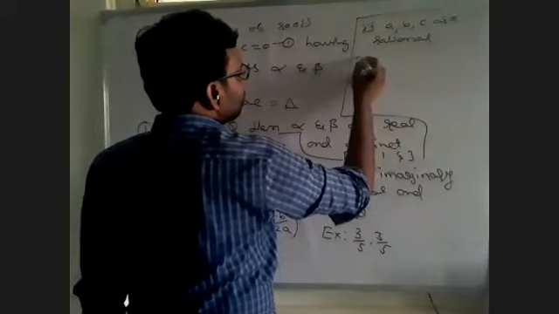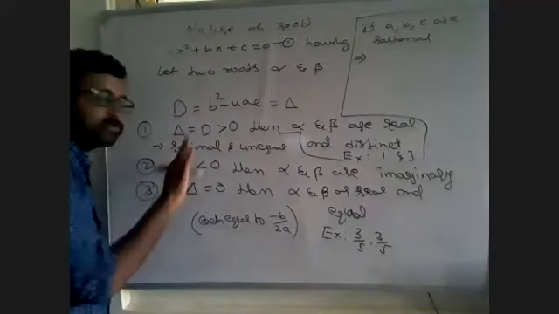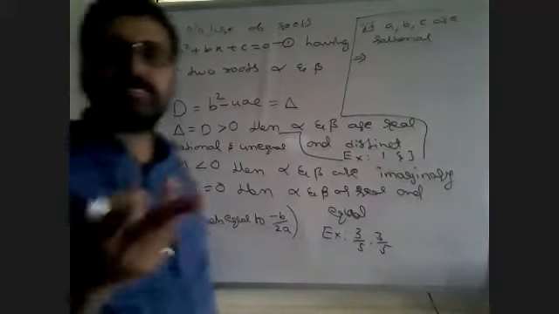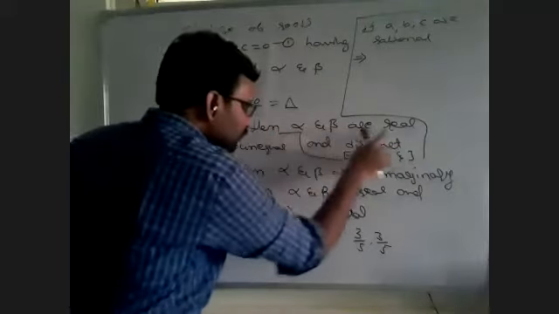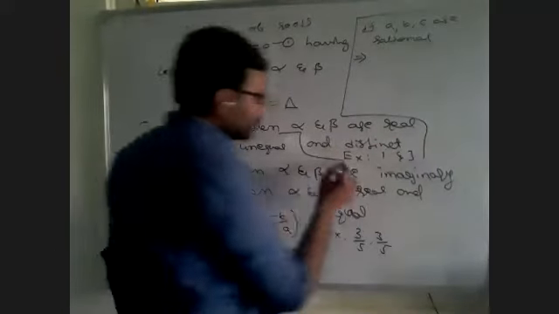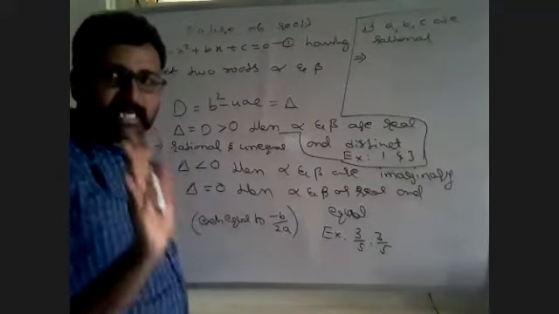Second is in the first case only. In this first case, there are two more sub cases. First is if delta greater than 0, you have real and distinct, that is completed. In that you have two more: first, rational and unequal if A, B, C are rational.